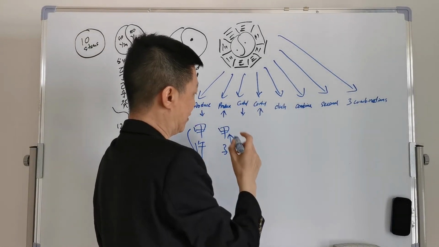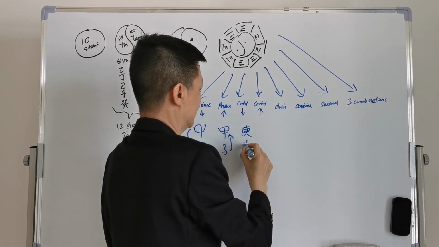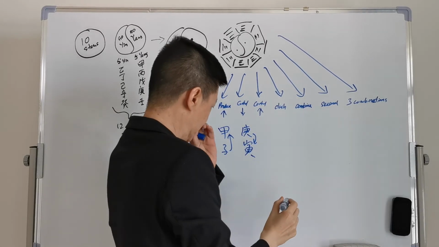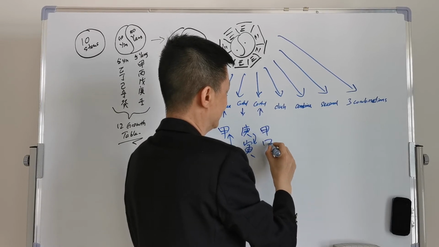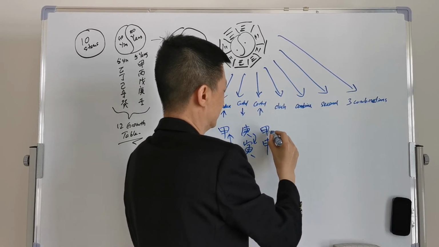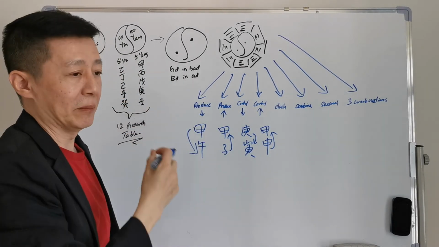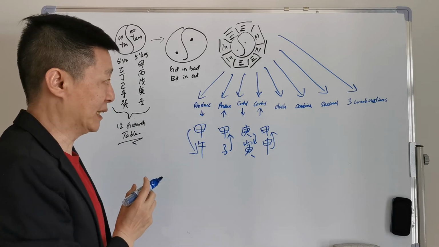What is control down? Geng yin. Metal controls wood. Control down. What is control up? Jia shen. Metal controls wood. Bazi is directional reading. You must understand directional reading within the pillars.